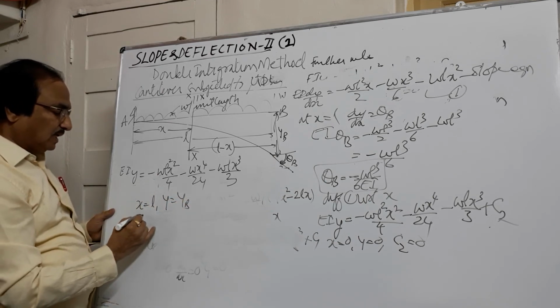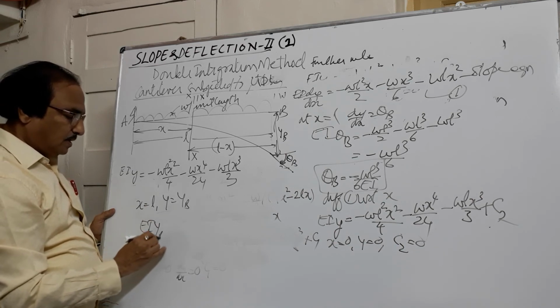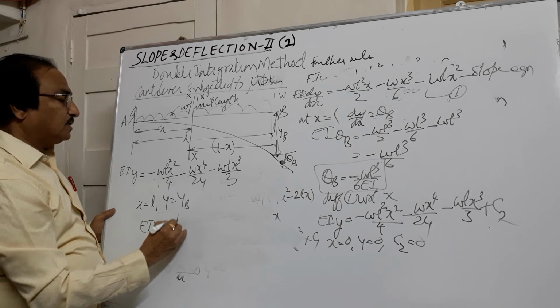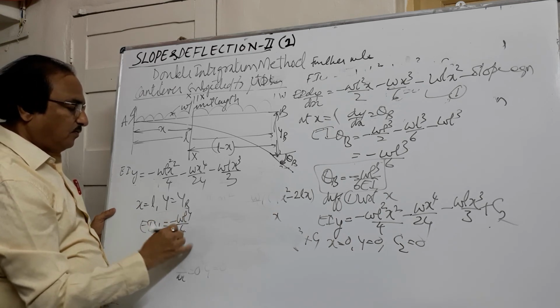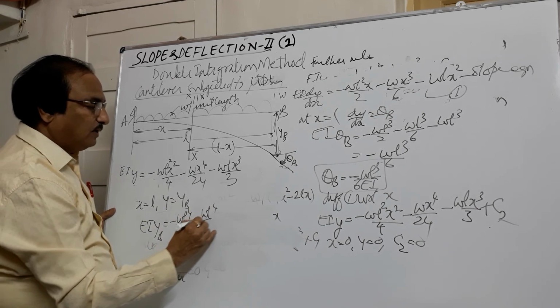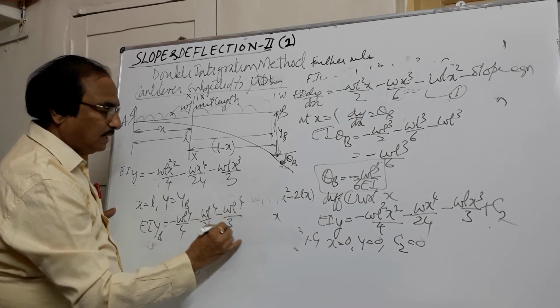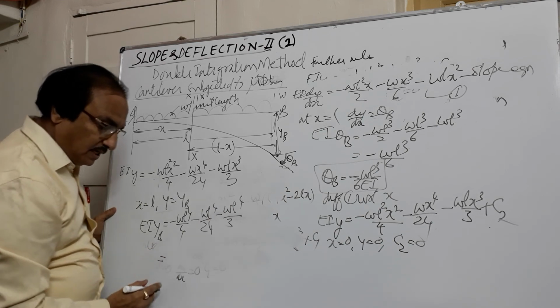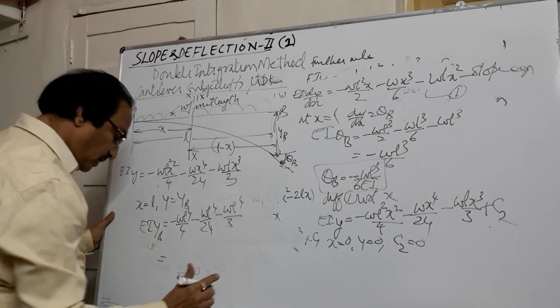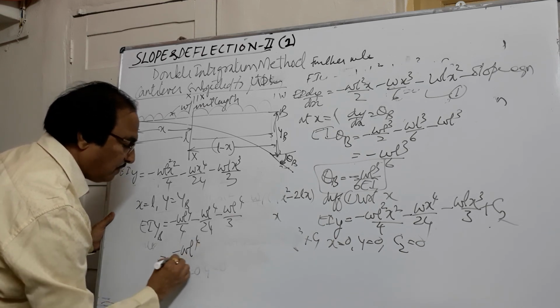If I substitute that here, you get EI YB is equal to minus WL raised to 4 by 4 minus WL raised to 4 by 24 minus WL raised to 4 divided by 3. If you simplify this, you get the value as minus WL4 by 8.